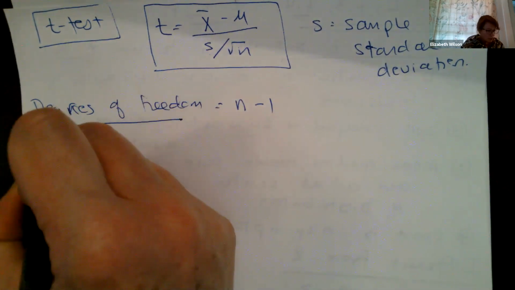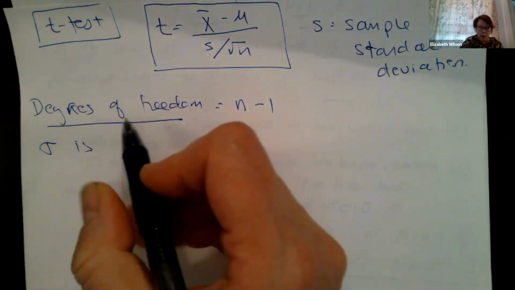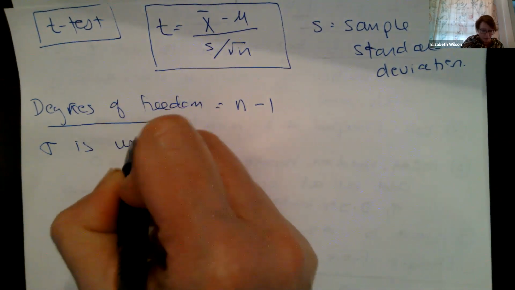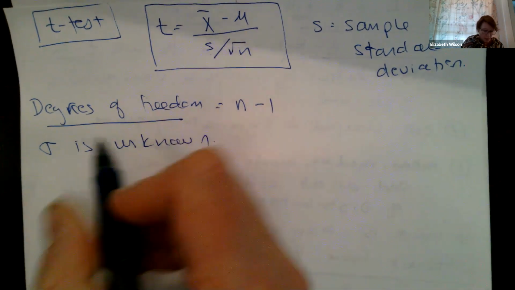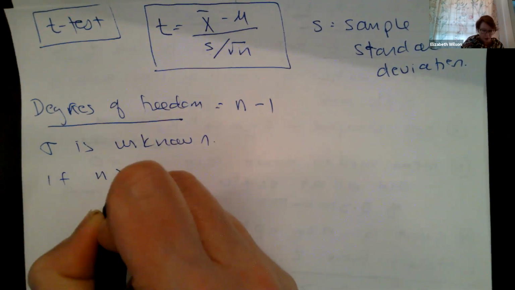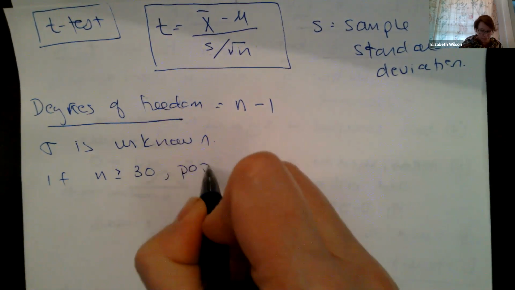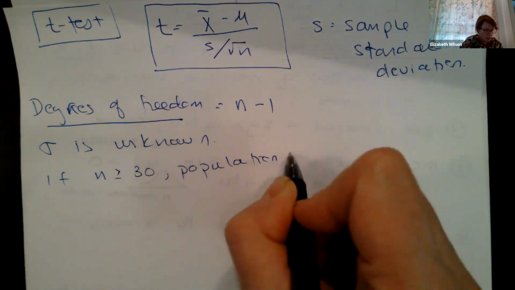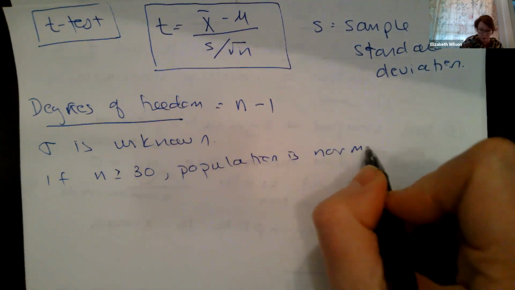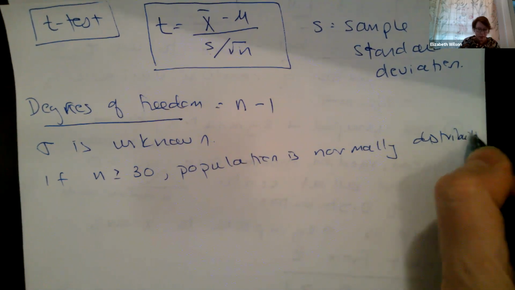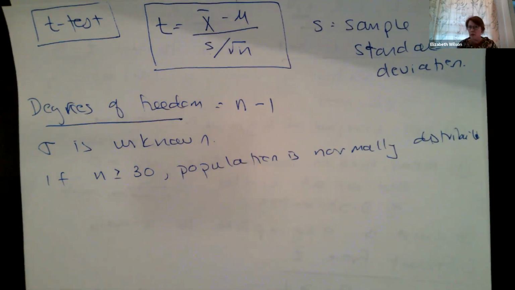Okay. And we use this when our population standard deviation, or population variance, is unknown. Okay. And then if our sample size is greater than or equal to 30, and the population is normally distributed, well, maybe I can use the z-table.